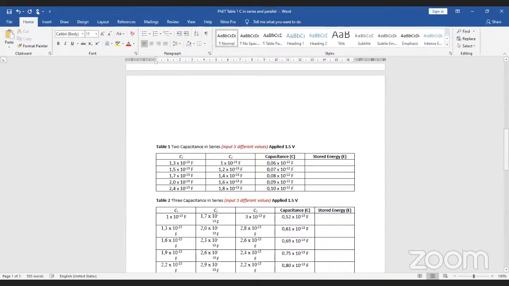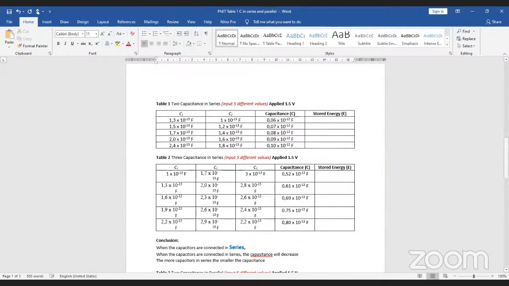So in the table, when the capacitors are connected in series, we got capacitor 1 is 1.3 times 10 to the power of minus 13 farad, and capacitor 2 is 1 times 10 to the power of minus 13, and the capacitance is 0.06 times 10 to the power of minus 12 farad.